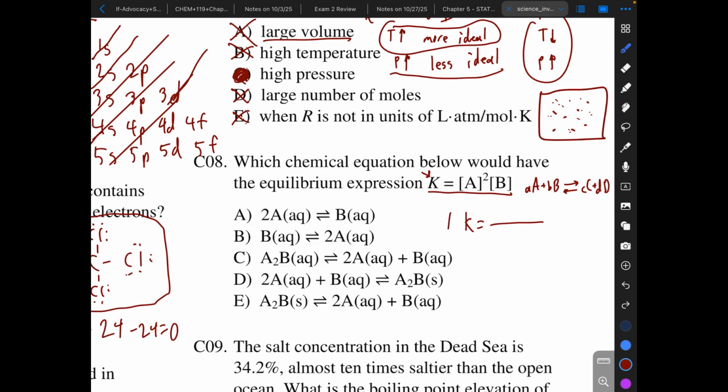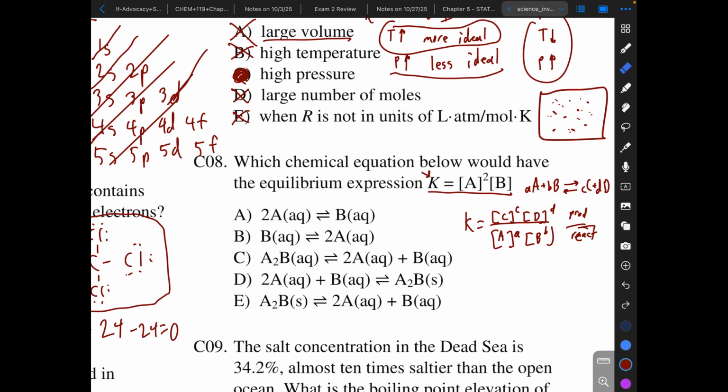We would write the equilibrium expression as such: the compound to the power of the coefficient, for the products, divided by the reactants. So products over reactants. As you see, C and D are on the product side, A and B on the reactant side. That's how you would write the equilibrium constant expression.